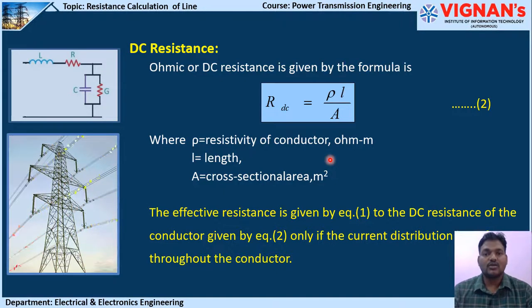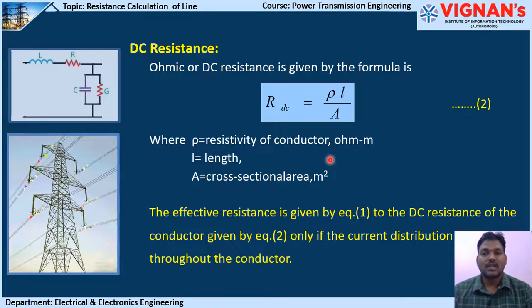Whenever AC current is flowing through a conductor, the core of the conductor experiences more impedance than the surface of the conductor. Therefore, the current density is not uniformly distributed throughout the cross-sectional area. The impedance of the inner layers of the conductor is more than the impedance of the outer layer, that is, the skin of the conductor.